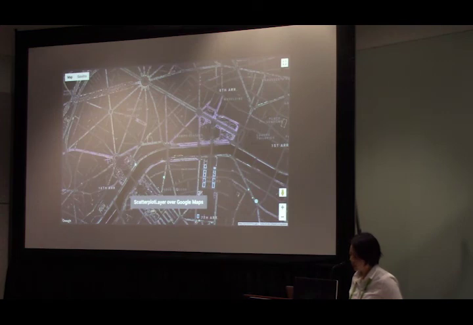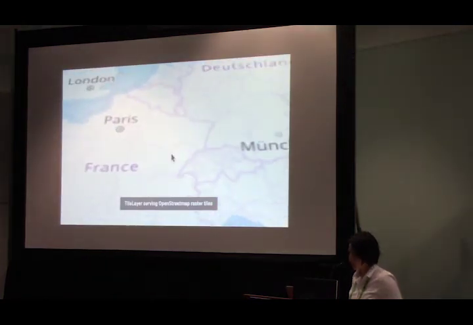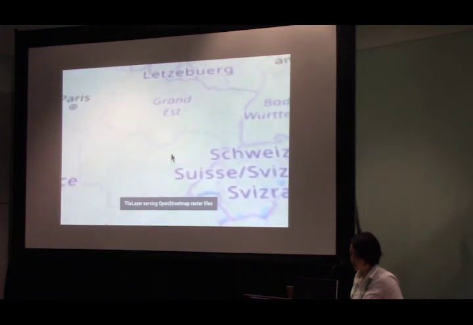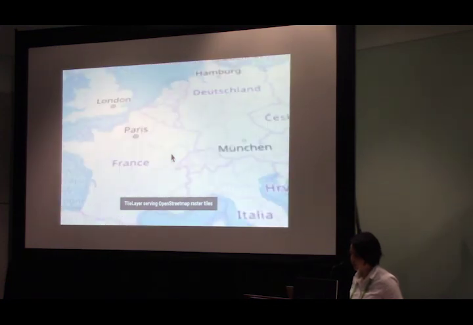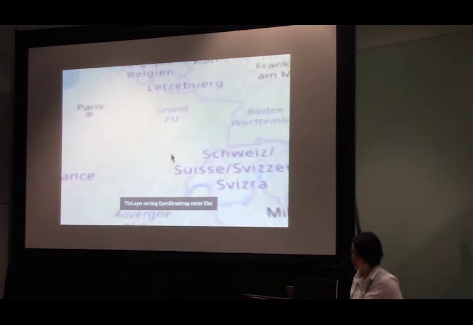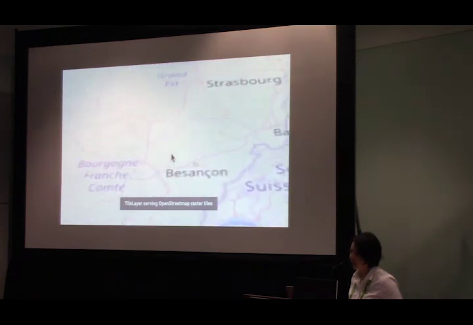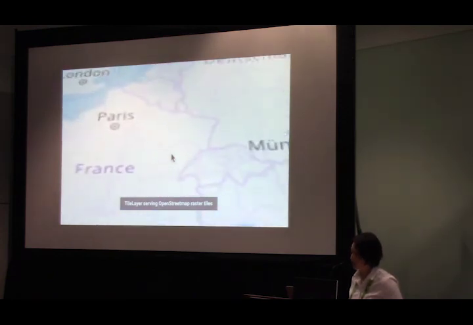So here is DeckGL's scatter plot layer on top of a Google map. I believe this picture shows the tree layout in Paris. And another example uses the tile layer serving OpenStreetMap raster tiles dynamically based on your current viewport zoom level.